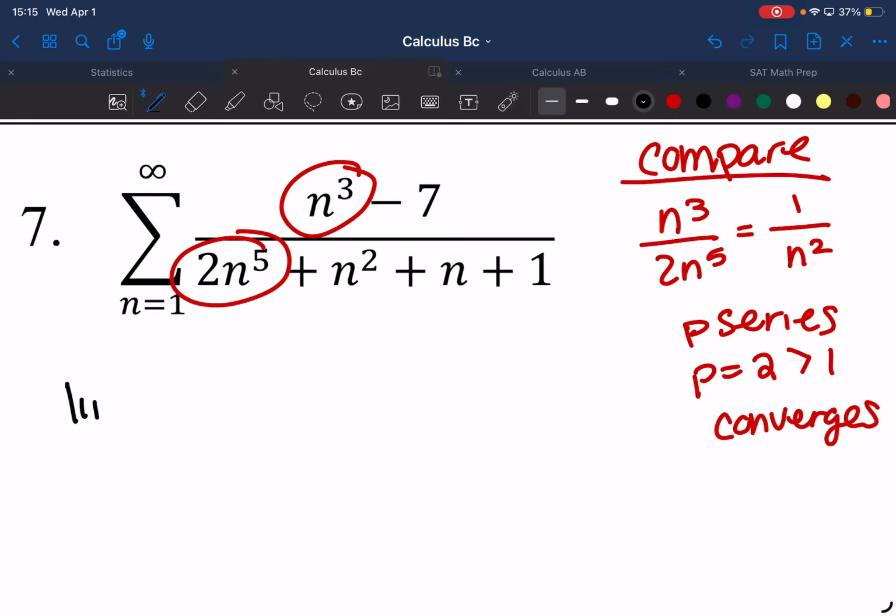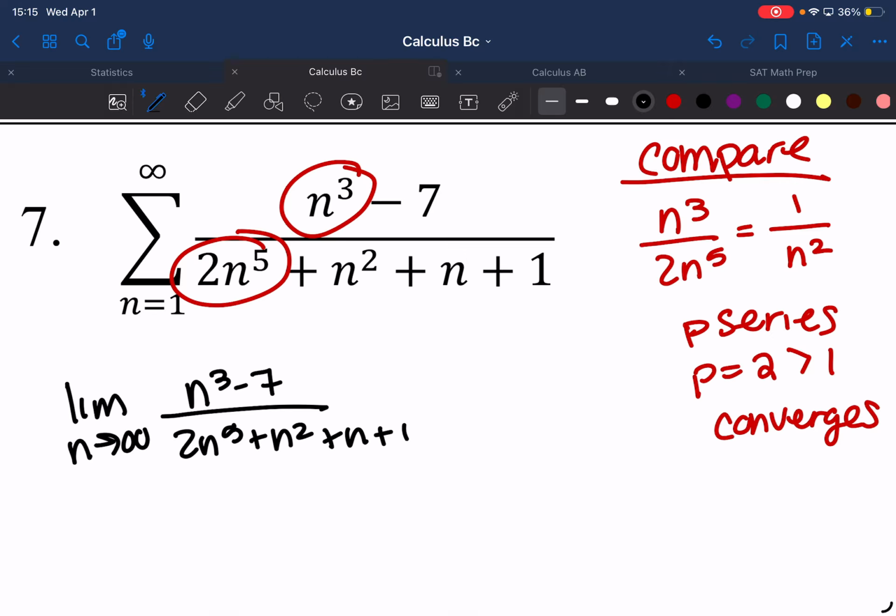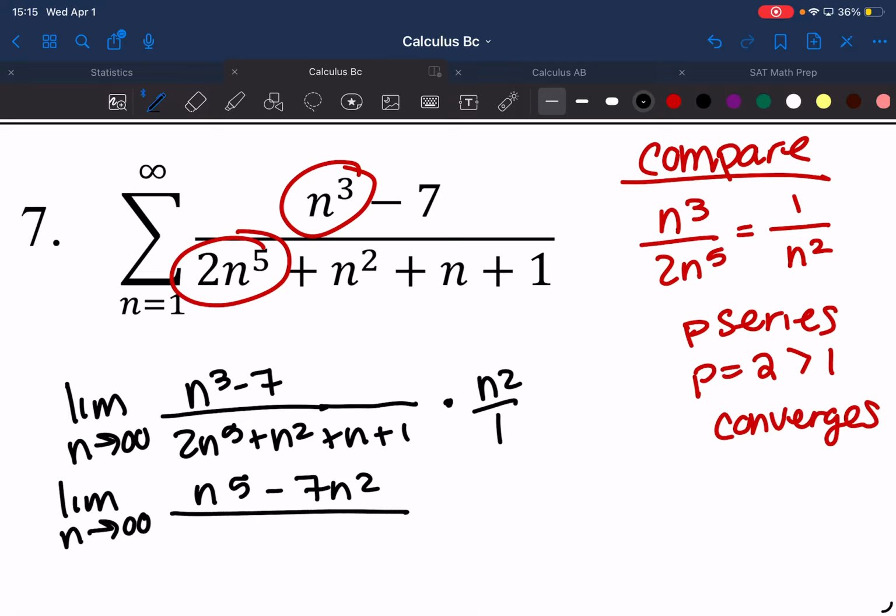So then I do the limit as n approaches infinity of n cubed minus 7 over 2n to the 5th plus n squared plus n plus 1 times what? Good, n squared over 1. We multiply by the reciprocal, same as dividing by that fraction. So I have the limit as n approaches infinity of n to the 5th power minus 7n squared over 2n to the 5th power plus n squared plus n plus 1.